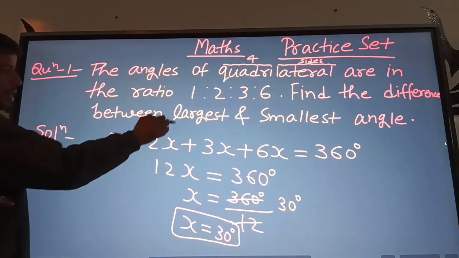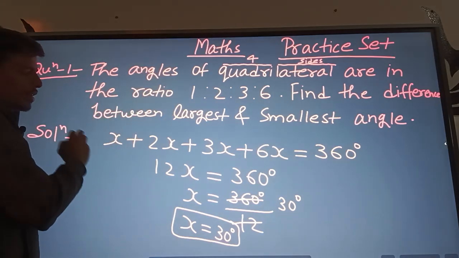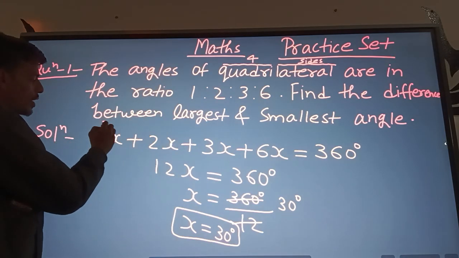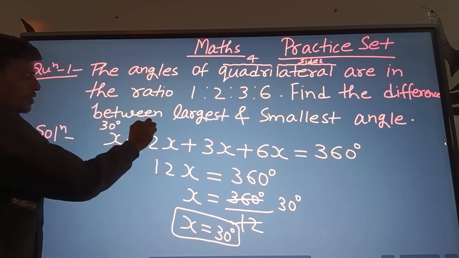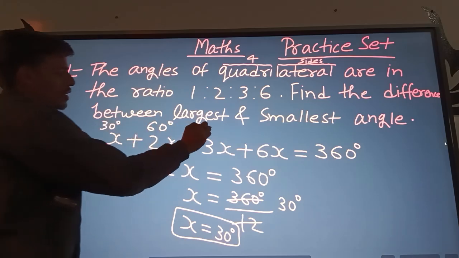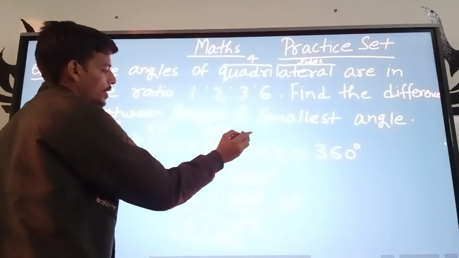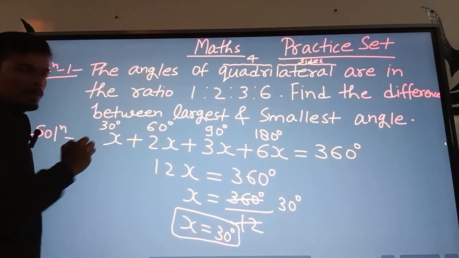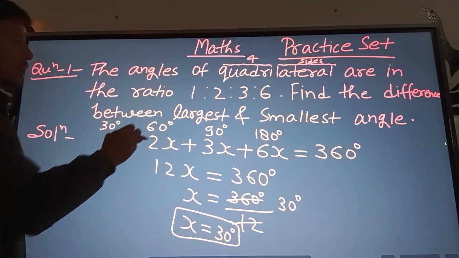Now the angles of the quadrilateral: the first angle is 1x, that means 30 degrees, 2x is 60 degrees, 3x is 90 degrees and 6x is 180 degrees. These are the values of all angles of the quadrilateral.